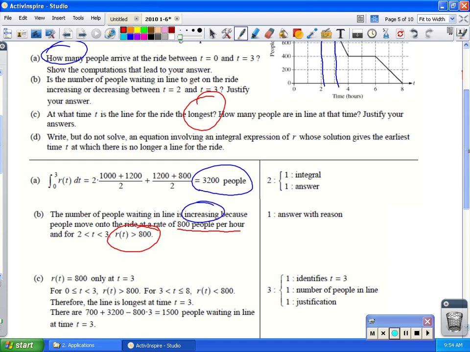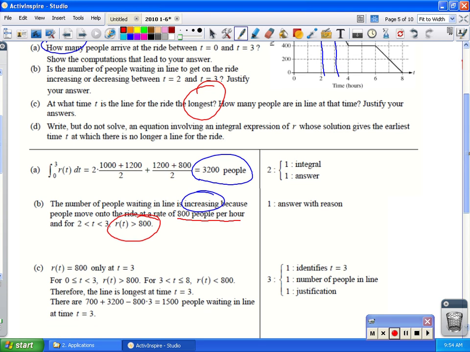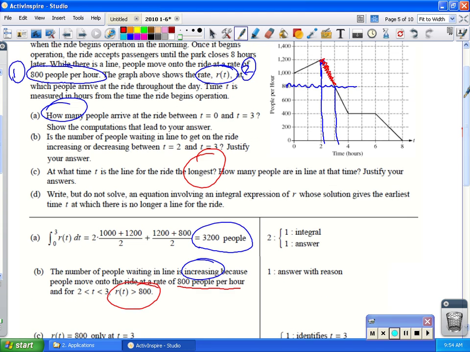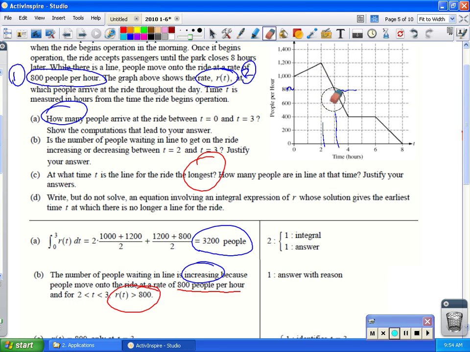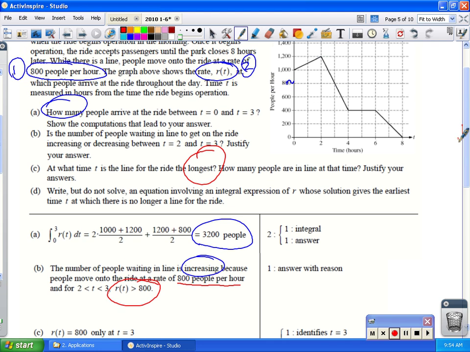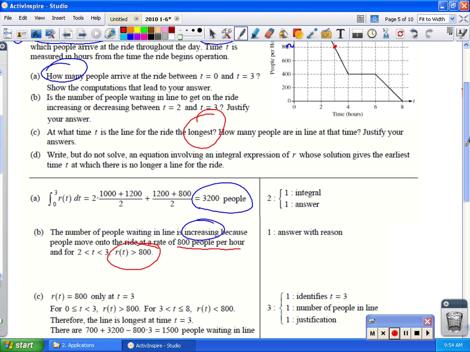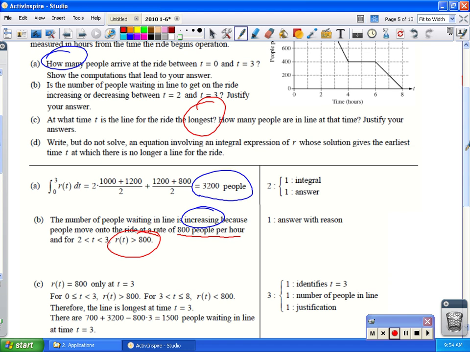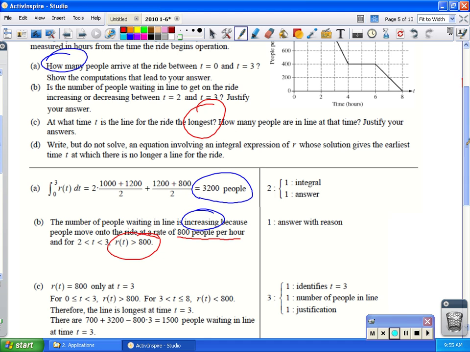Well, in Part C, we know that R of t is the graph. And we know that there were 800 people per hour at t equal to 3. So from 0 to 3, R of t was greater than 800.